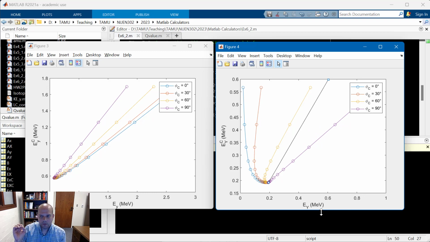So if my data points were on that line, that means that EY in my lab reference frame would be equal to EY in my center of mass reference frame. And you see that as each one of these data points on any one curve represents a smaller and smaller value of EX.